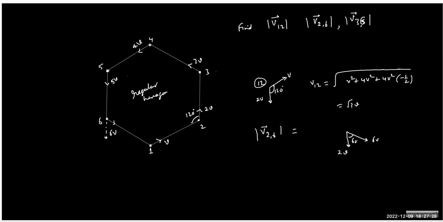So that's done. Understood? So the answer is how much? 4V square plus 36V square plus 2 times 6 times 2 is 12, 12, and cos 60 is half, so that's 12. So 48 and 52.